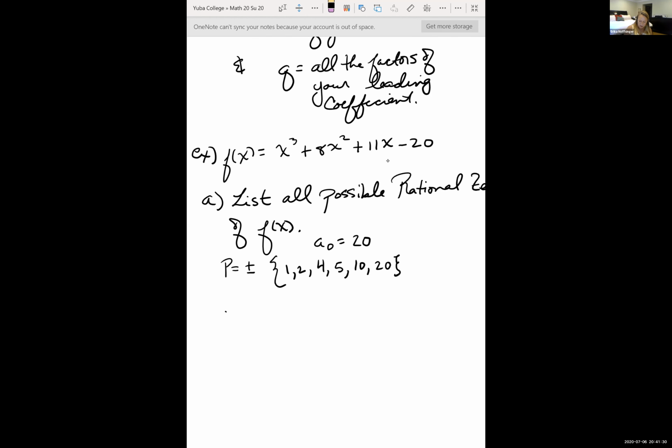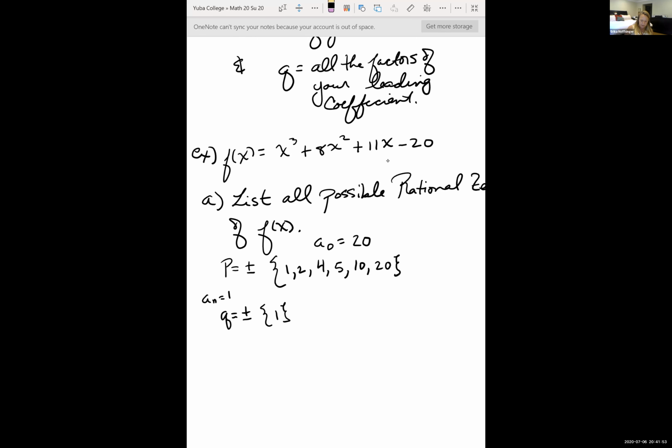So look at all the factors now that go evenly into your leading coefficient. So my leading coefficient here is the number in front of the leading term. So our a sub n in our case is 1. So there's only two numbers that go evenly into 1, positive and negative 1.